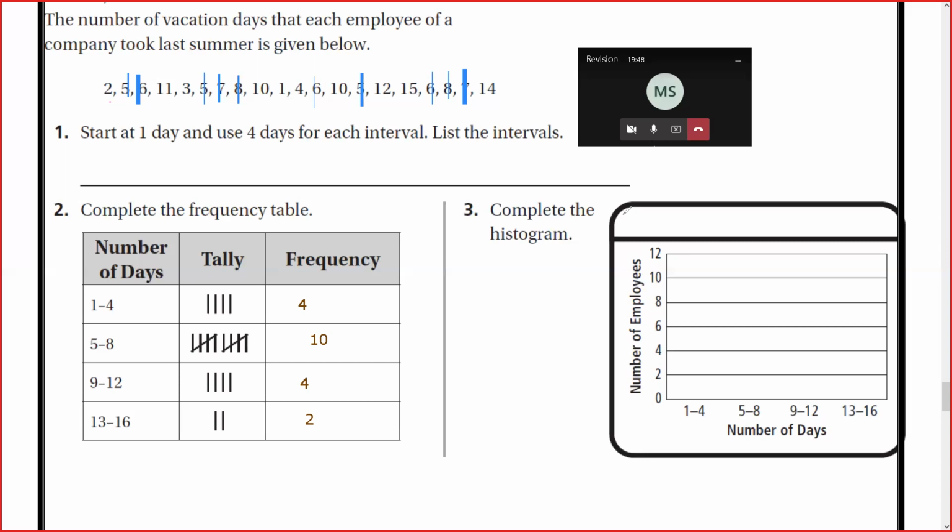Now complete the histogram. Did you remember the histogram? From 1 to 4, what do we have? How many employees? They are 4. So I will draw a closed rectangle ending at 4.